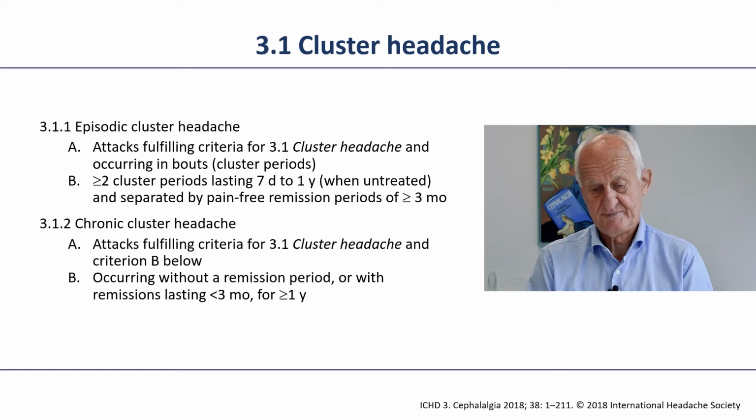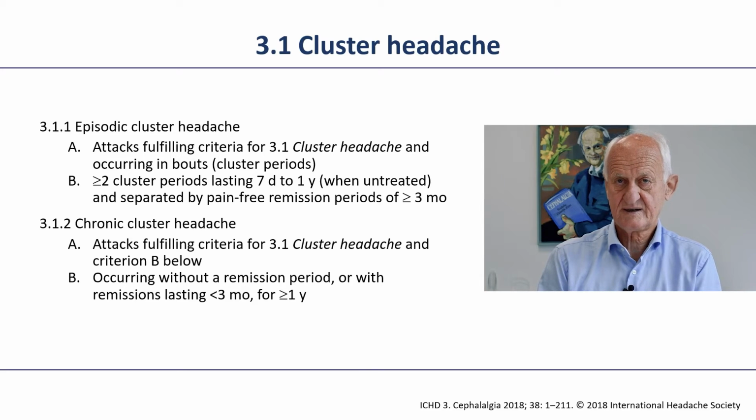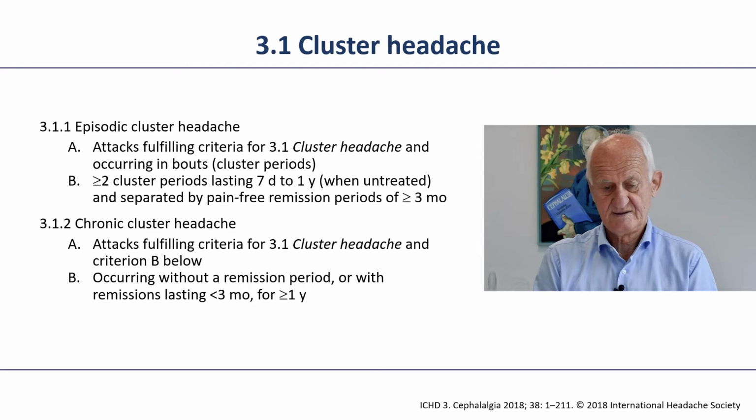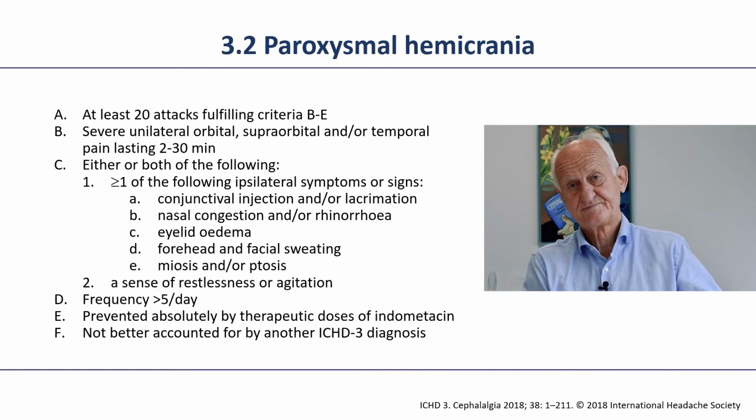Then they are episodic cluster headache patients. And of course the natural history is that people start with episodic and gradually become chronic, but there are also, in rare cases, another sequence of events starting with chronic and going to episodic.